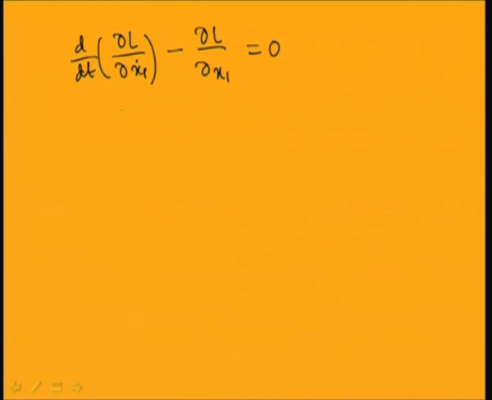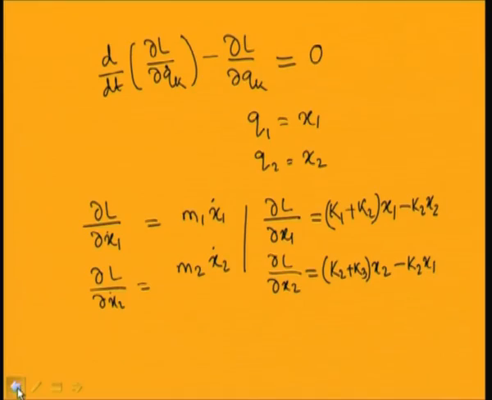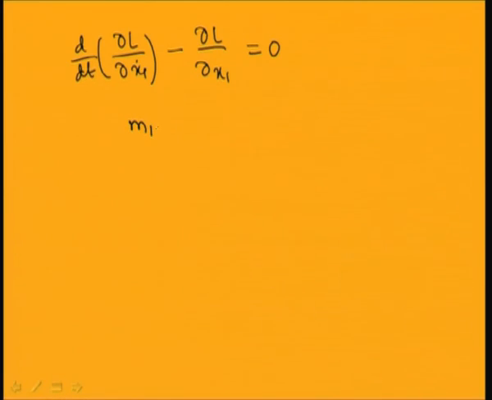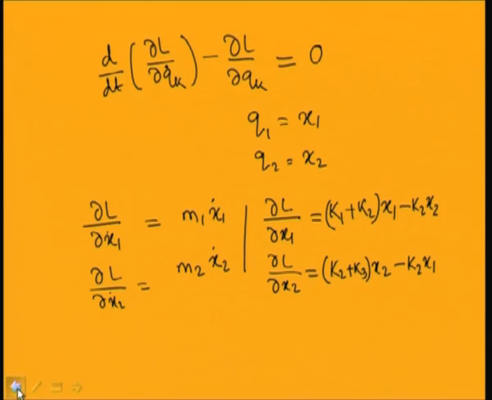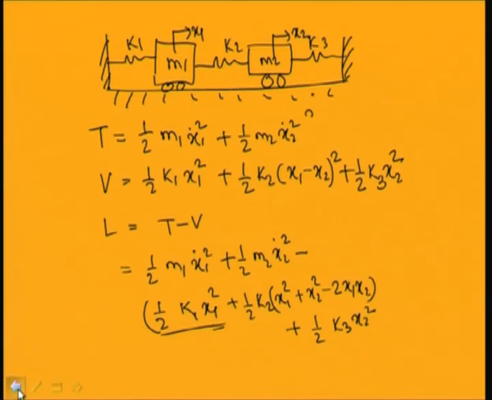From this you are getting m1 x1 double dot. For this, minus of this, so you just check there is a minus sign here.